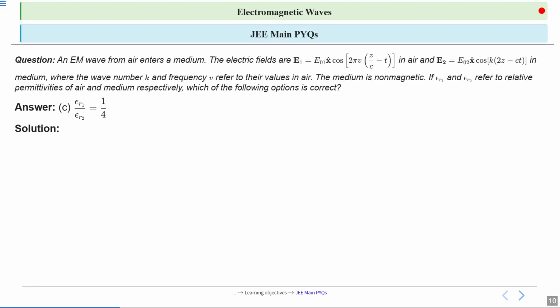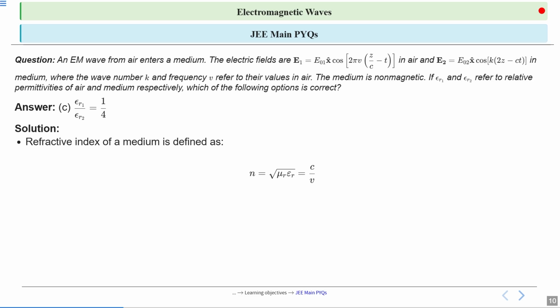So let's see the solution. C option is correct: epsilon r1 upon epsilon r2 will be equal to 1 by 4. The refractive index of the medium is given by, we have discussed refractive index, the formula n equal to root mu r into epsilon r, which is equal to the ratio of speeds.